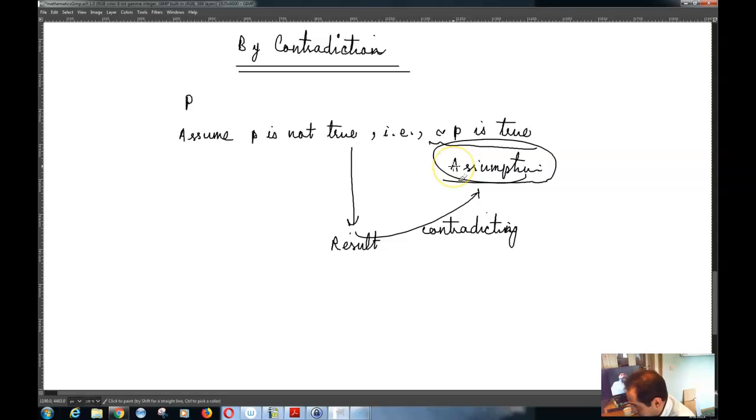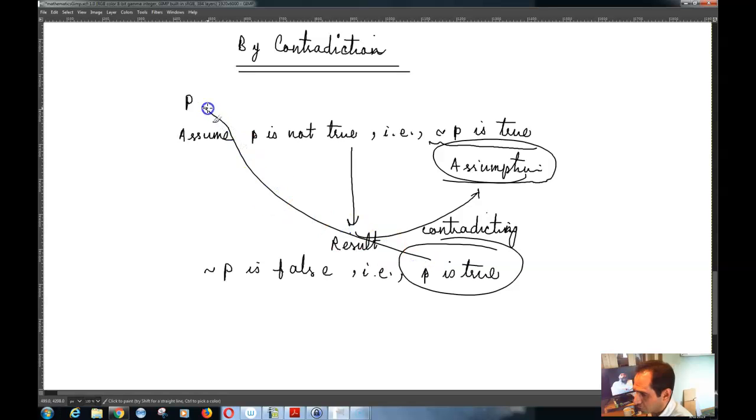Now, if your assumption is contradicted, that means that your assumption was wrong. So based on this, not P is false, and that means that P is true. And that's what I wanted to show, that P is true. So that's basically the whole process.